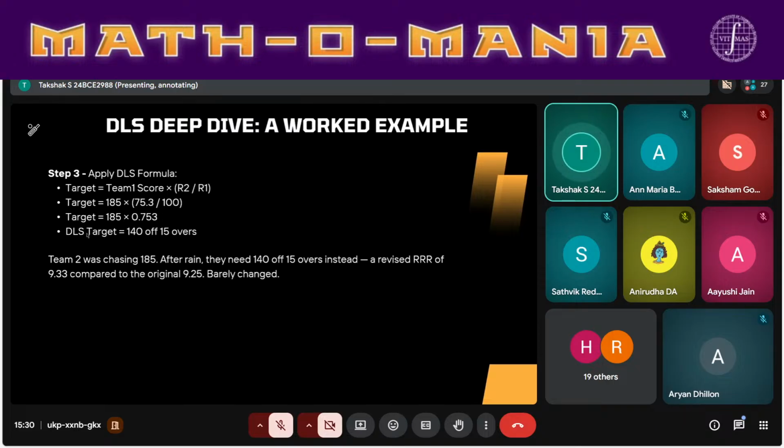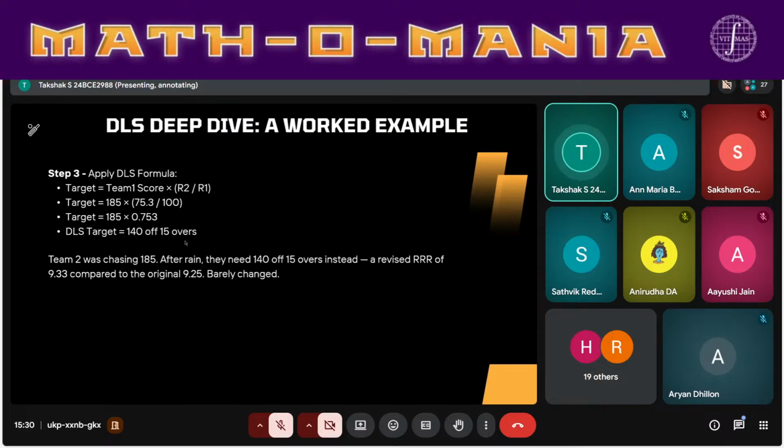So the DLS target is 140 in 15 overs. Team two was initially chasing 185, but after rain, they need to chase 140 in 15 overs instead. So the new required run rate is 9.33, which, when compared to the original required run rate of 9.25, has barely changed.